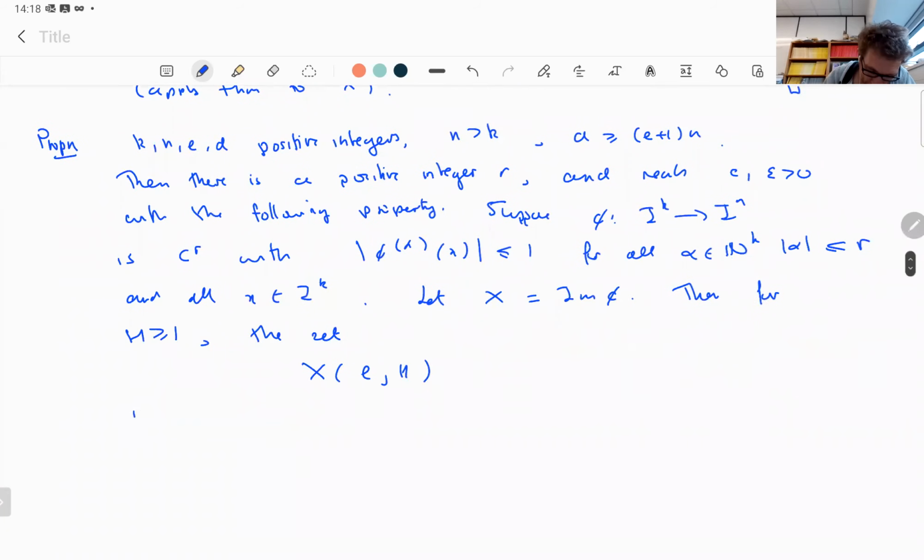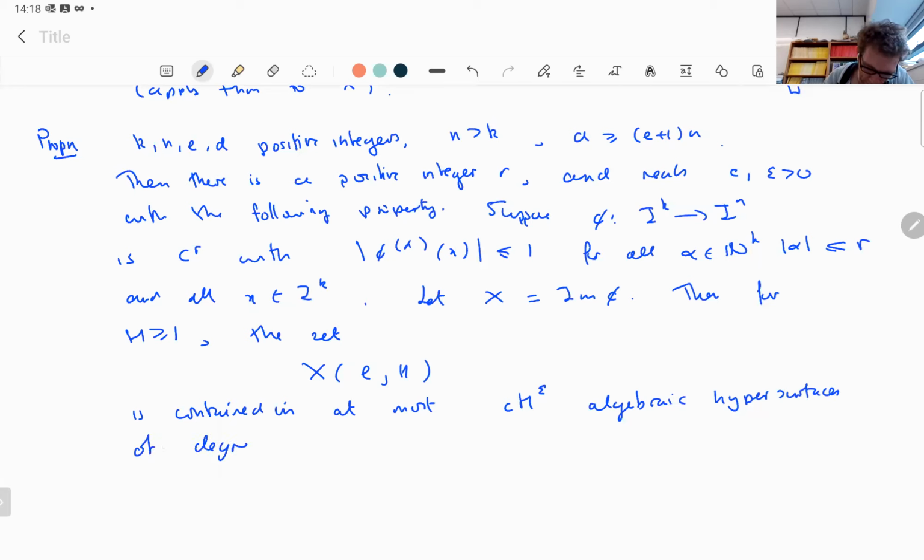this set is contained in at most C H to the epsilon algebraic hypersurfaces of degree less than or equal to d.